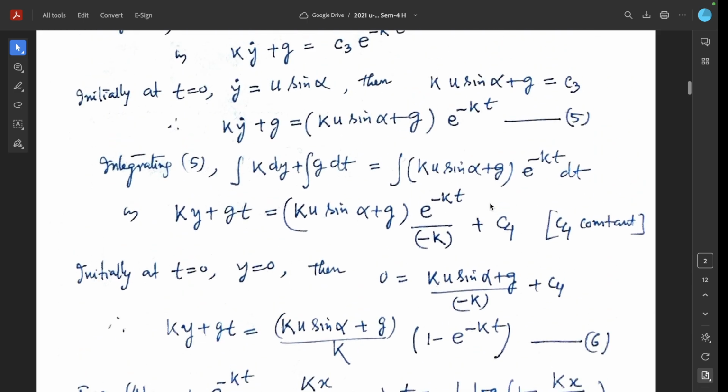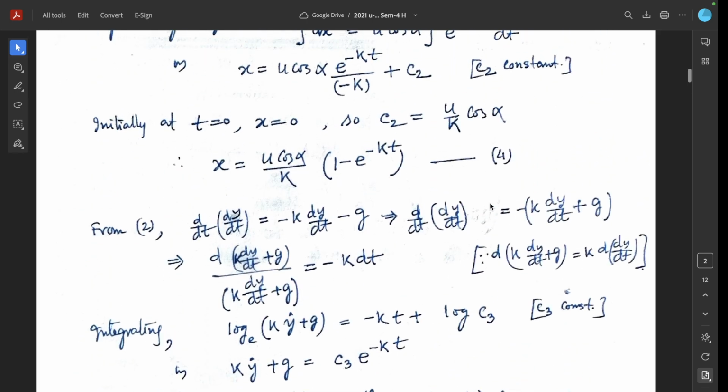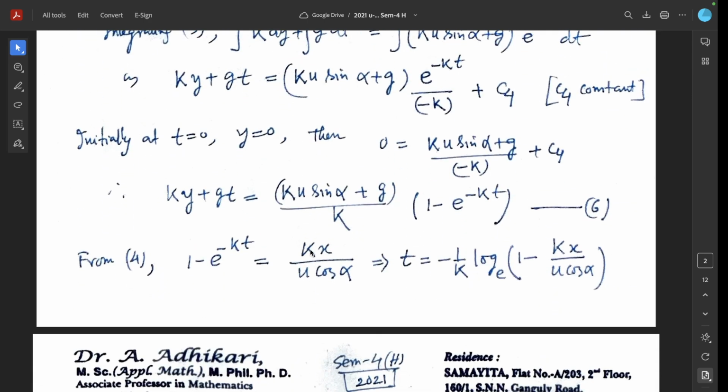And from equation 4, this 1 minus e to the power minus kt equal to kx by u cos alpha. So t equals this, taking log, t equals 1 by k log of bracket 1 minus kx by u cos alpha.